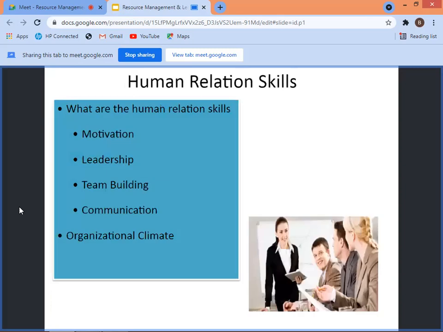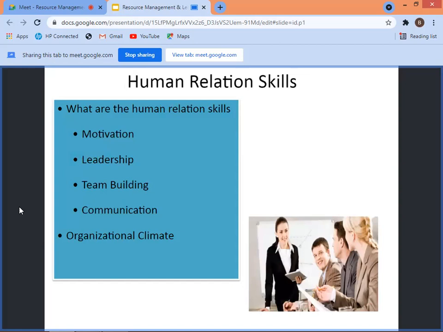So what are the human relation skills? This is in terms of motivation. You have to motivate your people. You need motivation because the most important asset of the organization is the human resource, the most important.